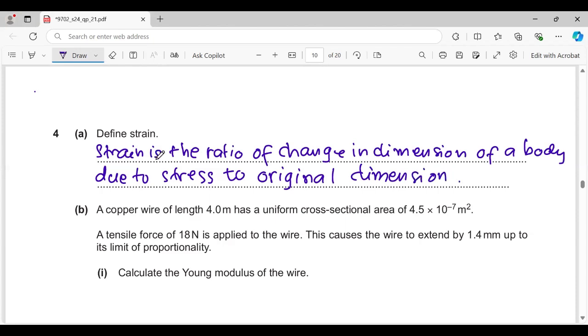Okay, so strain is the ratio of change in dimensions of a body due to stress to original dimension.